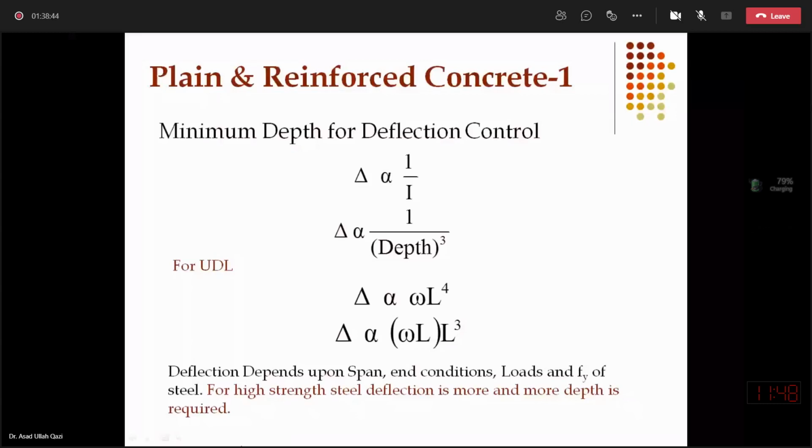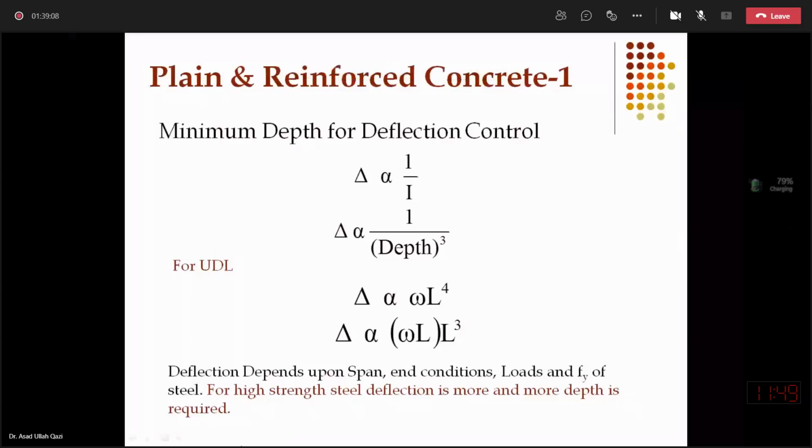So bigger span will deflect more and deeper depth will deflect less. So deflection depends on span and end conditions, and for different end conditions you know different equations to calculate the deflections. It also depends on load, w is in the numerator, and Fy of steel.